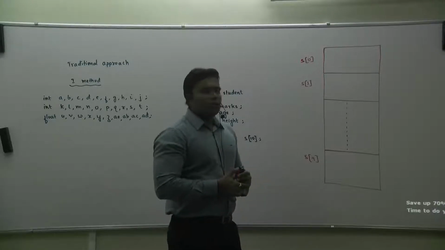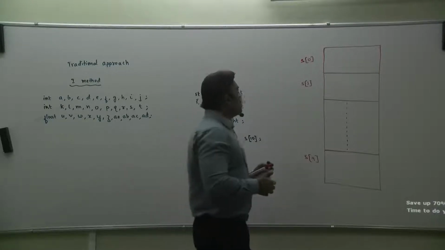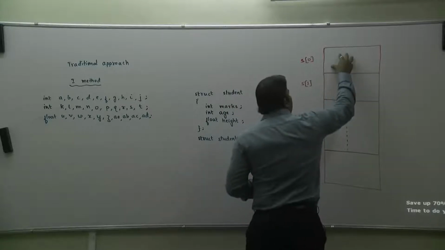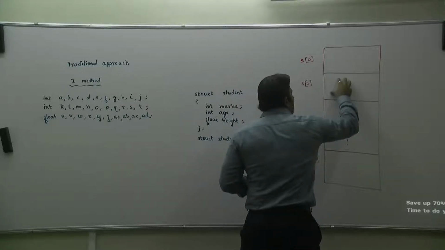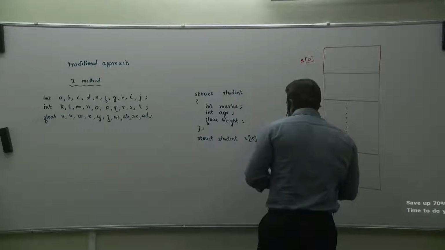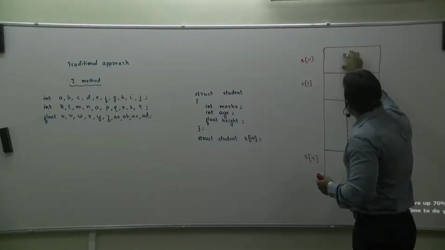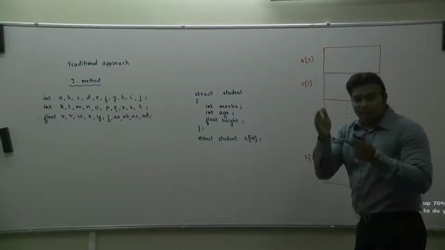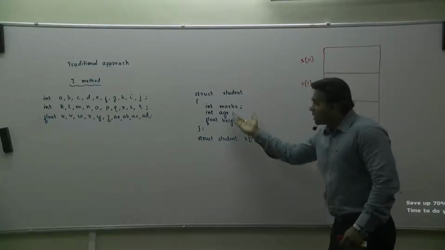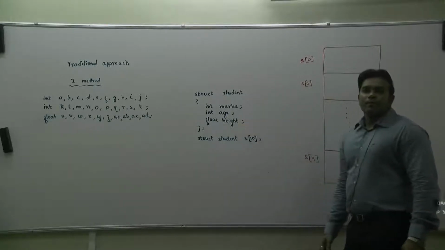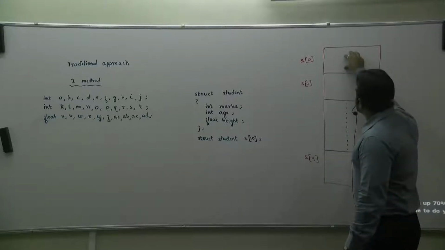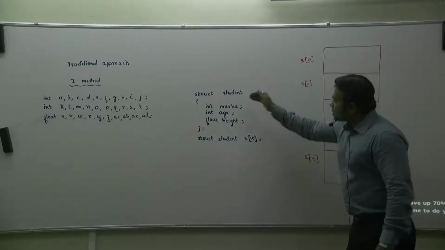Oh, correct, sir. What will be there inside each block, sir? You may ask. Remember, within each block, what will be there is only what you have told here. In other words, within this, I will have marks, age, height.